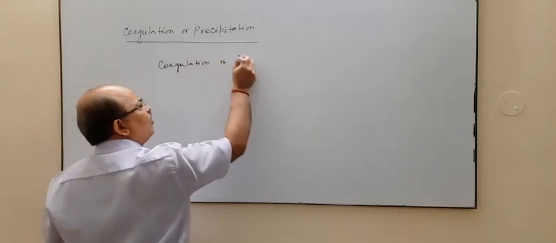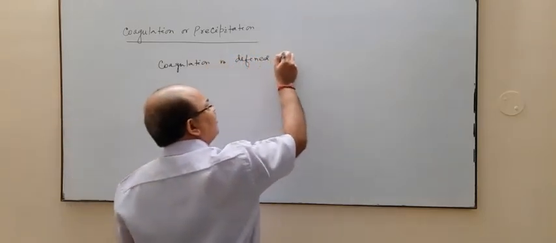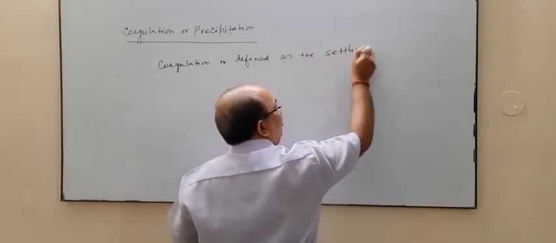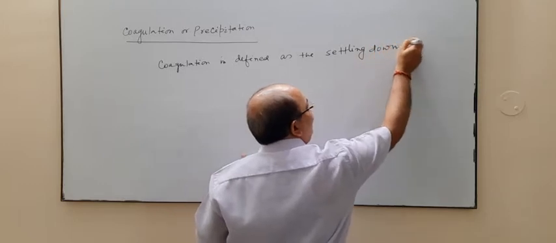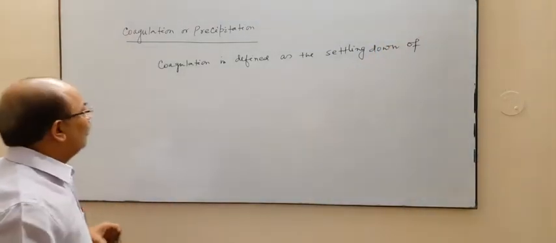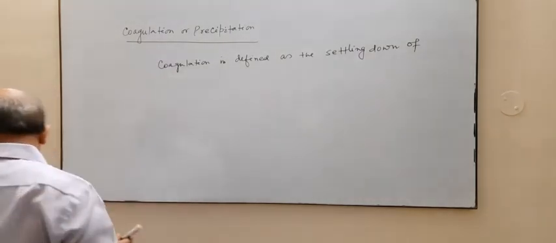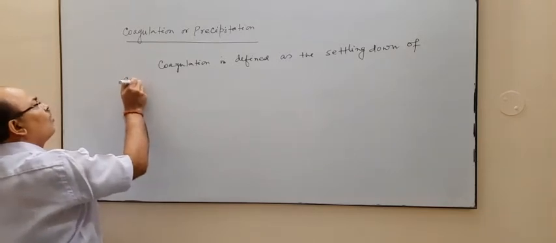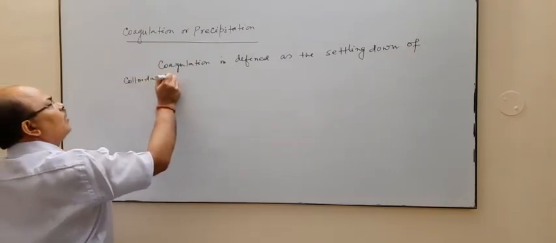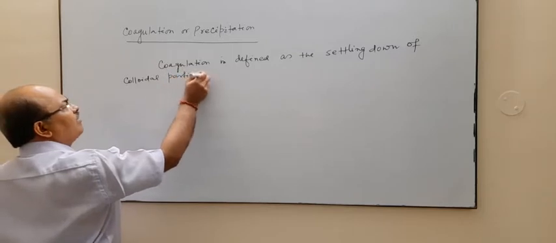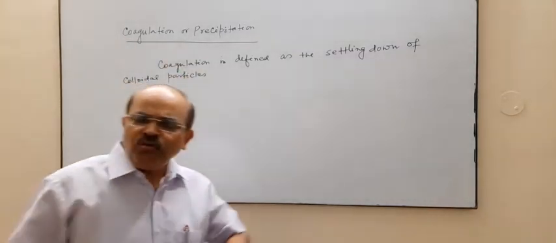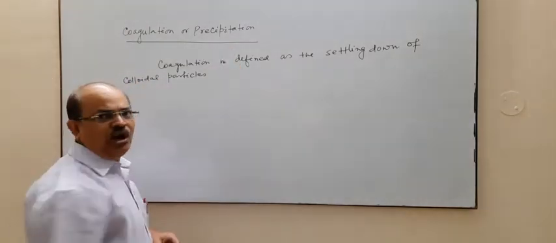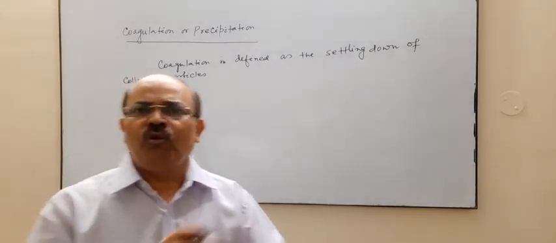Coagulation is defined as the settling down of colloidal particles. Now, this coagulation is also known as precipitation of colloid.